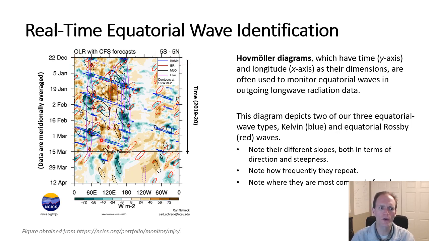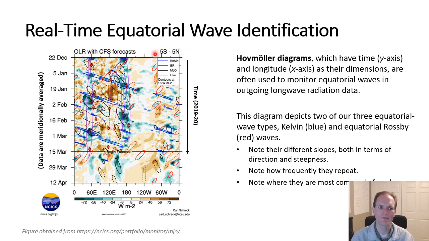So it's a very noisy data set that varies in space across the x-axis and varies in time across the y-axis, and in this case averaged between 5 south and 5 north. We can filter these data to identify all sorts of different types of features, and in this case they've done so to identify 4 features. 2 equatorial wave modes, Kelvin and equatorial Rossby wave.